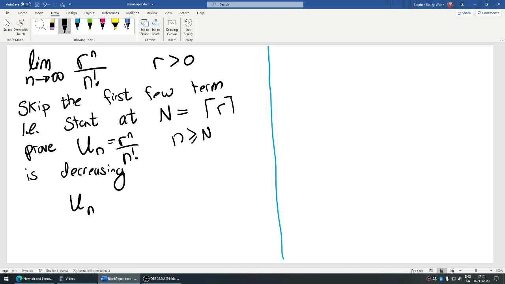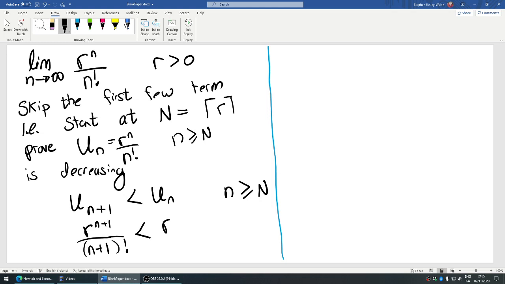So we want to prove that u_(n+1) is less than u_n, where n is more than or equal to N. So that means r^(n+1) over (n+1) factorial is less than r^n over n factorial.